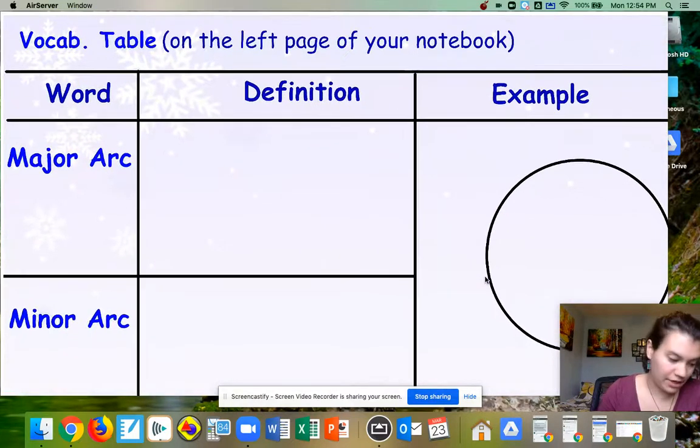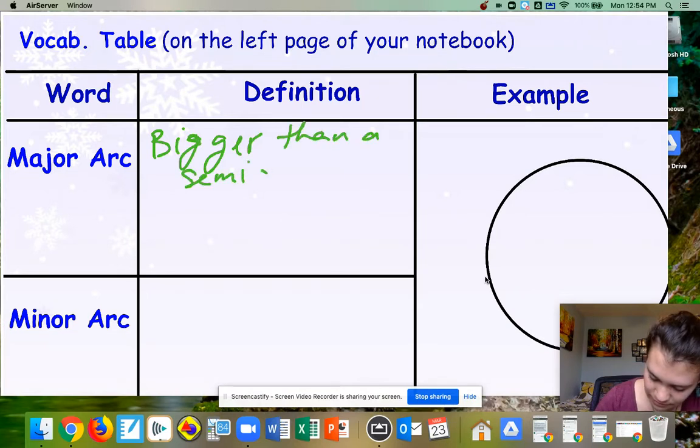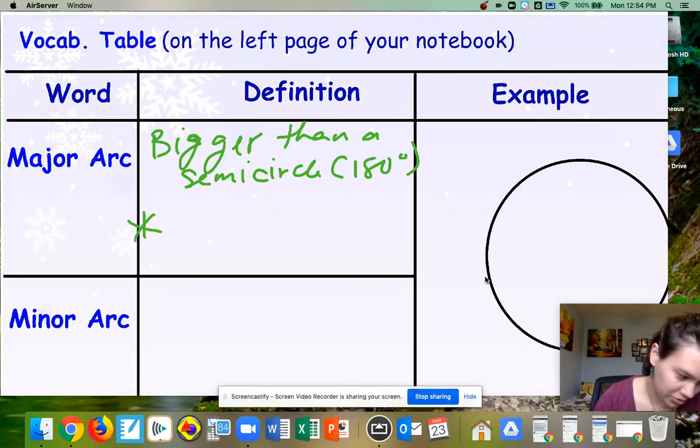Next is a major arc. This is some sort of arc or part of a circle that is greater than half, or greater than a semicircle, so bigger than a semicircle, or 180 degrees. And then how you would name this is you want to use 3 letters.